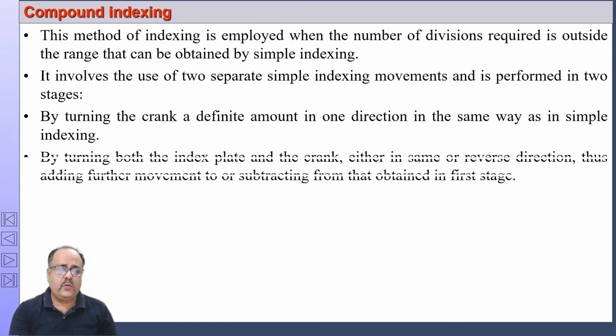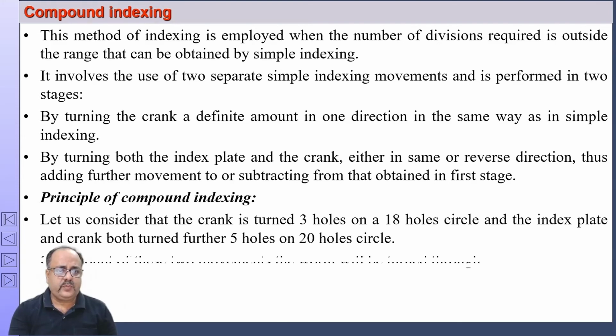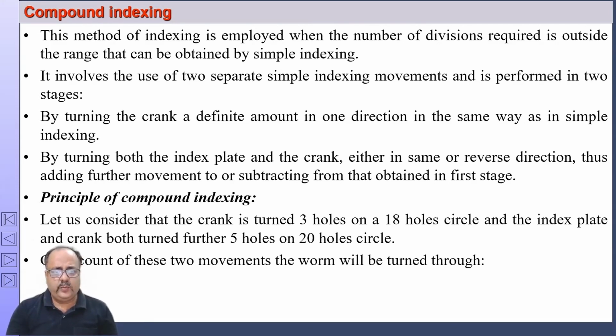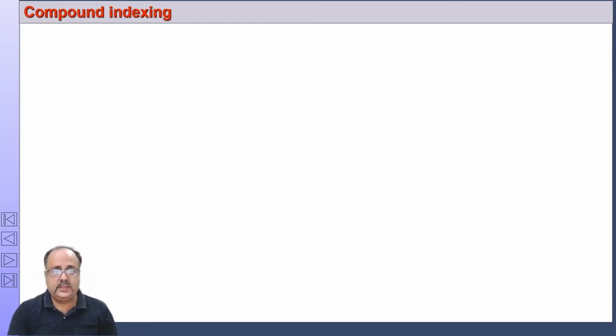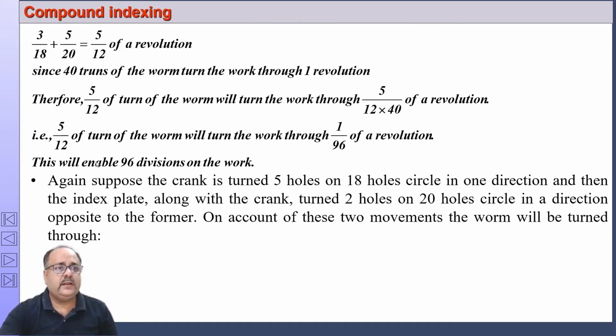We'll tell you how it is possible. Let's say in a compound movement we move 3 holes in an 18 hole circle, the index crank, and after that the crank and the plate both we move 5 holes in a 20 hole circle. Now here in the same direction, so 3 by 18 plus 5 by 20, if we simplify, we get 5 by 12. So 5 by 12 means 1/96th of a revolution.